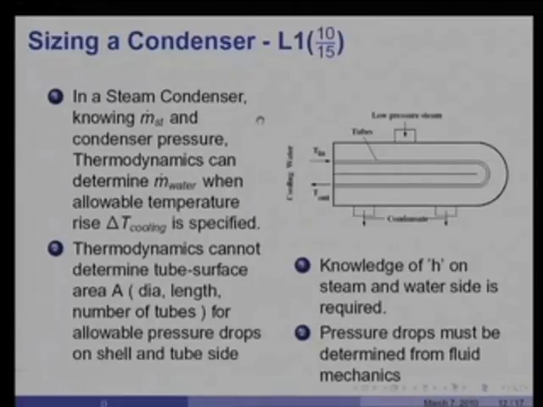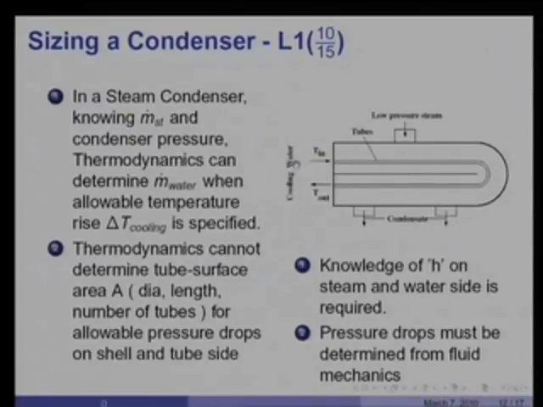We take another example of sizing a condenser. So, consider a condenser in which low pressure steam is coming in on the shell side, whereas the cold water or the cooling water is passed into the tubes inside the condenser.